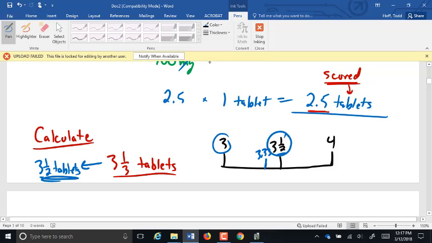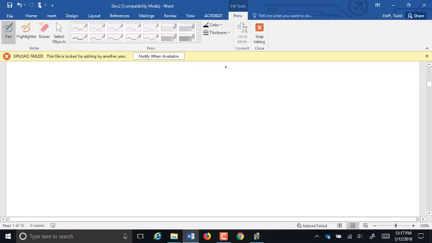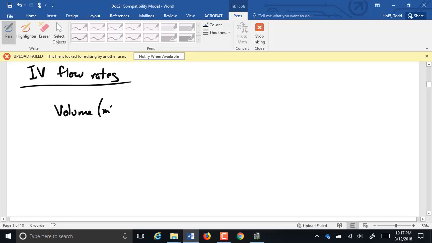Now that formula isn't terrible, but when you throw in that there are other formulas that we have to use, for example, for IV flow rates, our most basic formula for IV flow rates is simply volume in milliliters over time in hours.